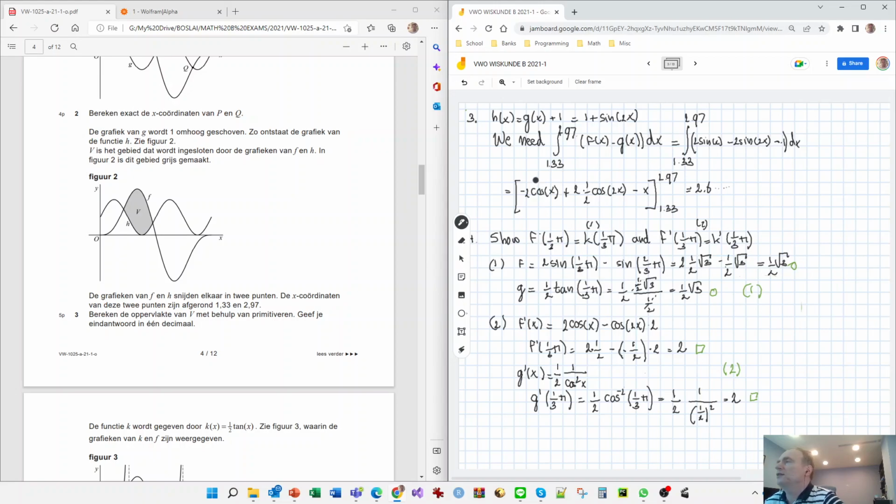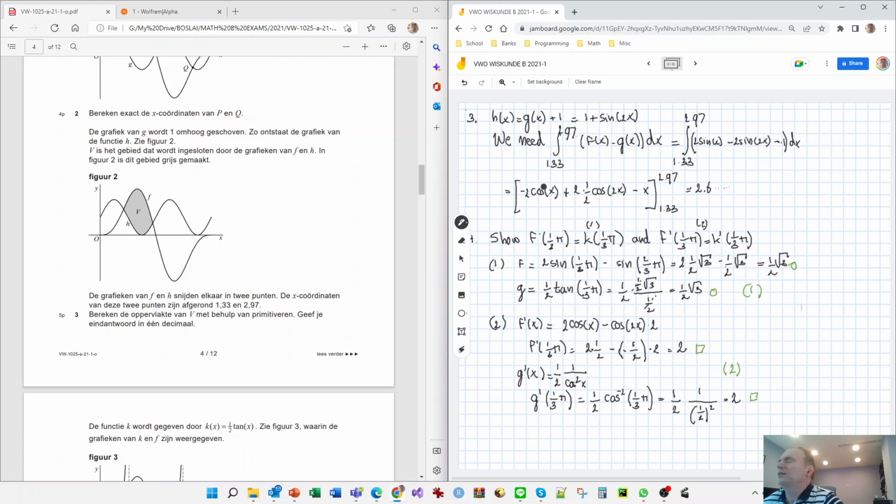Well, just do the primitives of these and be aware of the chain rule. The primitive of the sine is the cosine, and so 2 sine x is just simply minus cosine x.